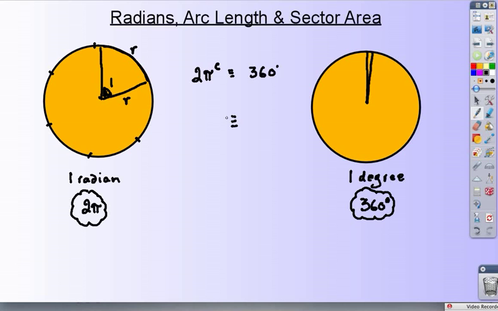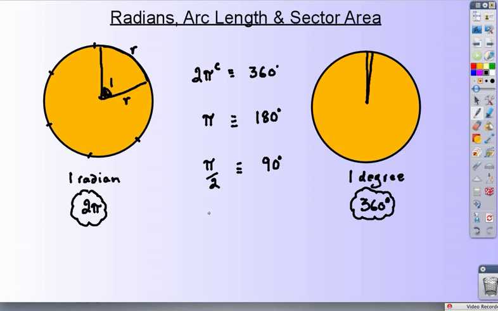Perhaps the easiest way to think about the switch is if you think of 3.14, about 3 radians, 3.14 is equivalent to about 180 degrees. So if I talk about pi by 2 radians, I'm talking about 180 degrees divided by 2. I'm talking about an angle which is 90 degrees.